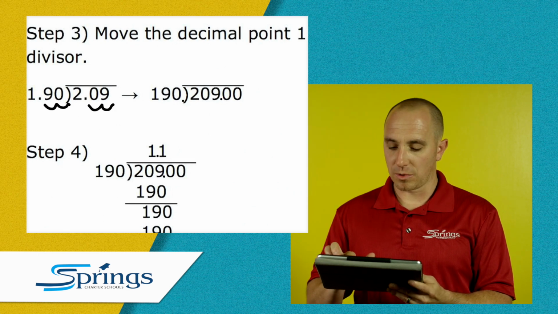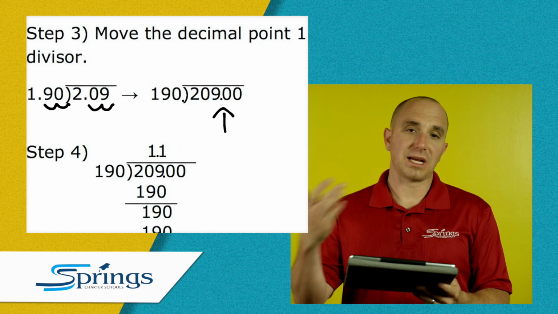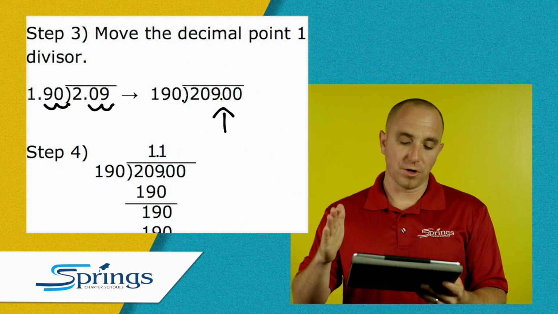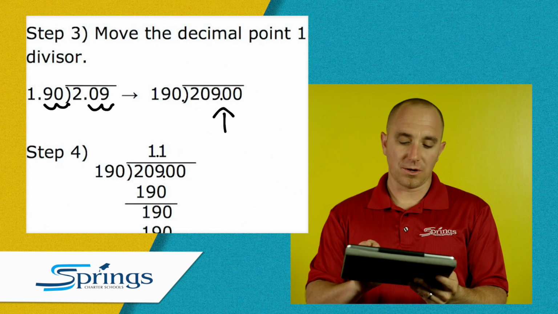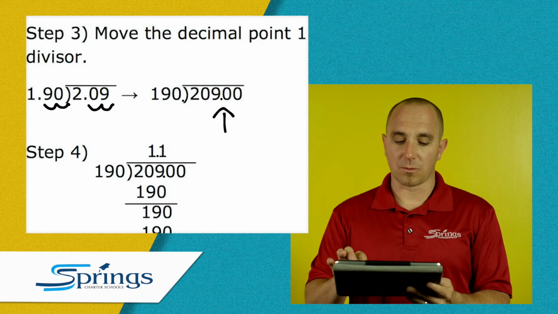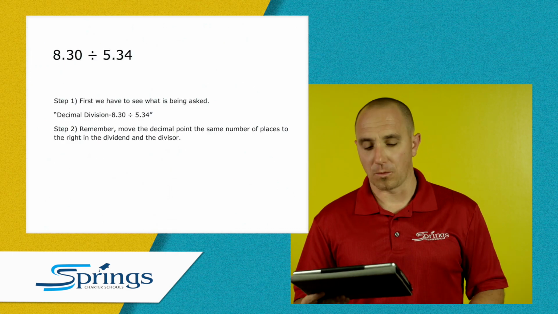And that's why you have a decimal point there. I added it right there, so that you're dealing with 2 whole numbers. Because I have that decimal point moved over past the 9, when I divide it, 190 goes into 209 one time, and then my other part of the answer is on the right side of the decimal, making my answer 1 1/10.